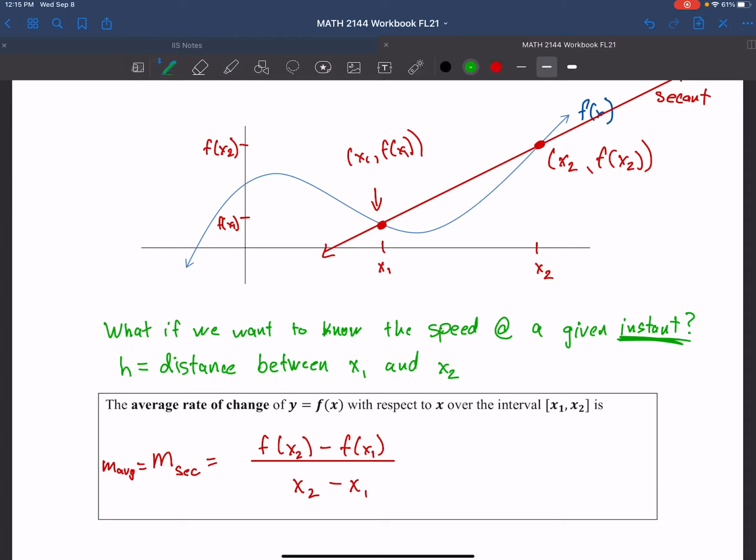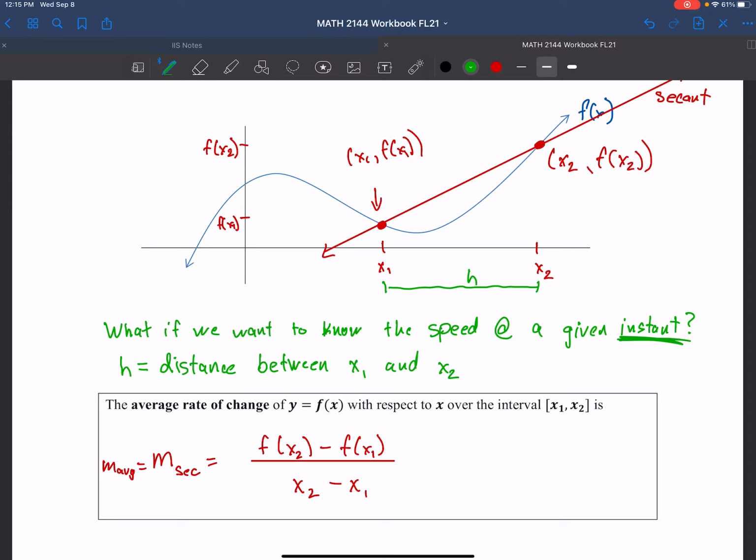If I visualize what h is, it is this distance between these 2 points. Right there, that distance is h. So again, what is h? It is a distance.